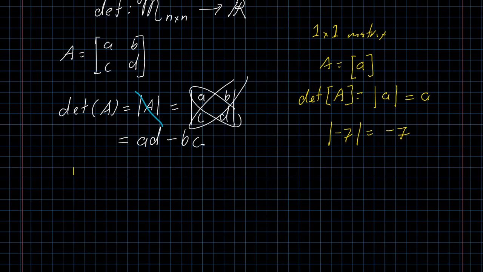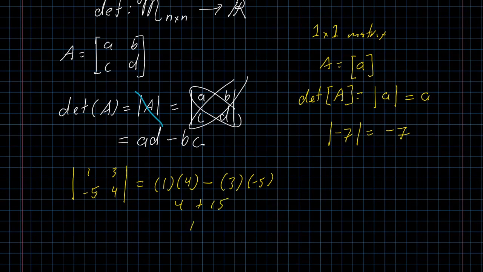So if I have a particular 2-by-2 matrix here, like 1, 3, -5, 4, taking the determinant here is going to be main diagonal 1 times 4 minus off diagonal 3 times -5. In this case, I get 19.